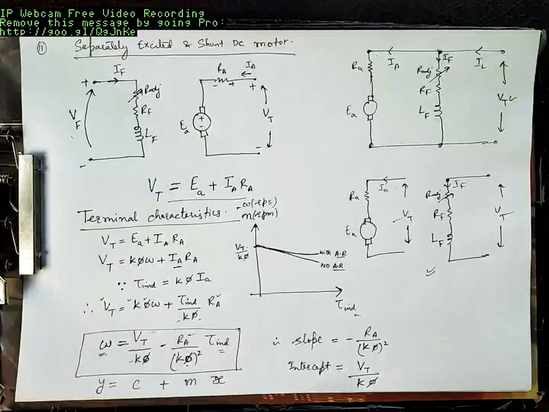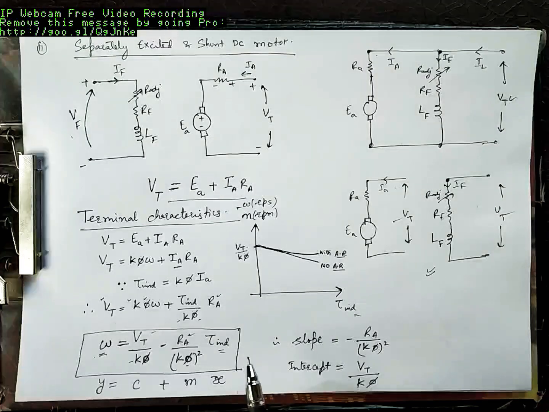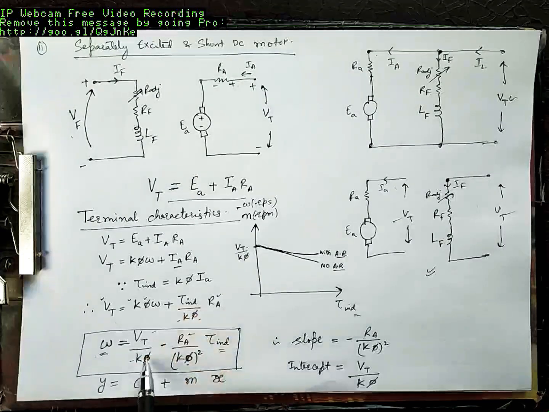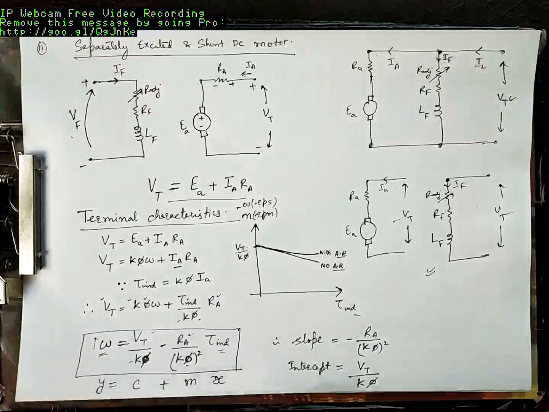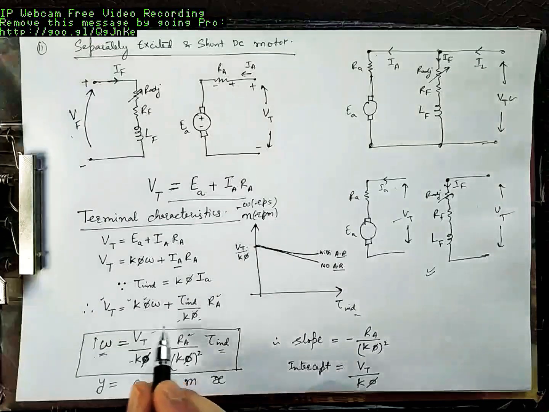I will repeat this. Whenever the machine has an armature reaction, because of flux weakening, flux phi in the machine decreases. When flux in the machine decreases, don't look over here, look at this. Because of the decrease in flux, omega increases. But since torque is increasing, this term overall will decrease.